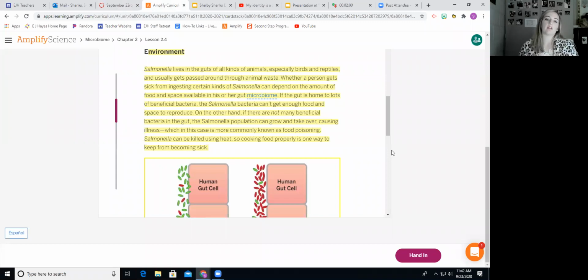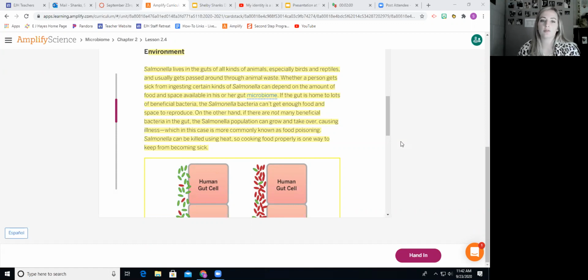It's in tab 3. Salmonella lives in the guts of all kinds of animals, especially birds and reptiles, and usually gets passed around through animal waste. Whether a person gets sick from ingesting certain kinds of Salmonella can depend on the amount of food and space available in his or her gut microbiome.